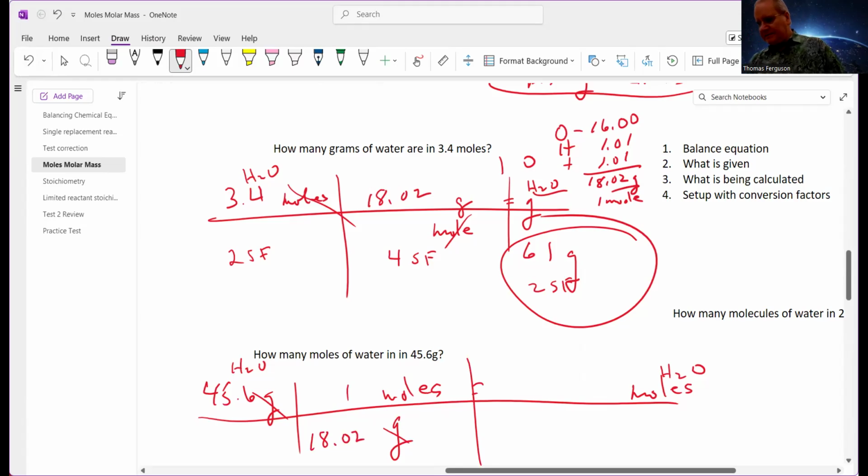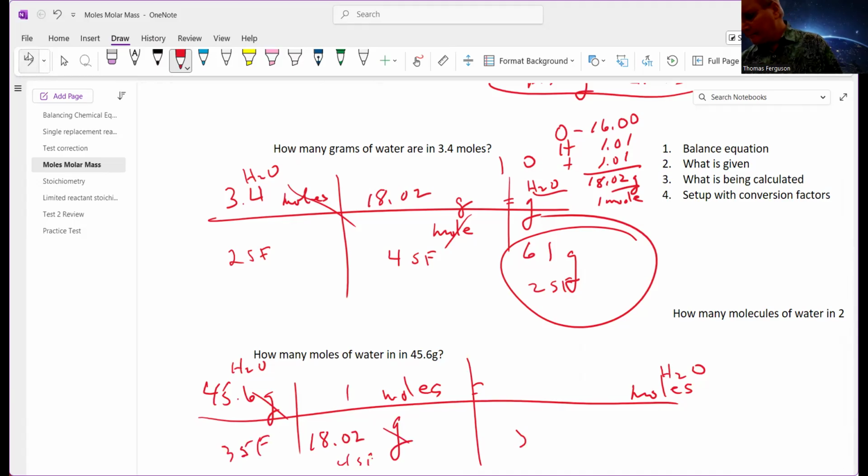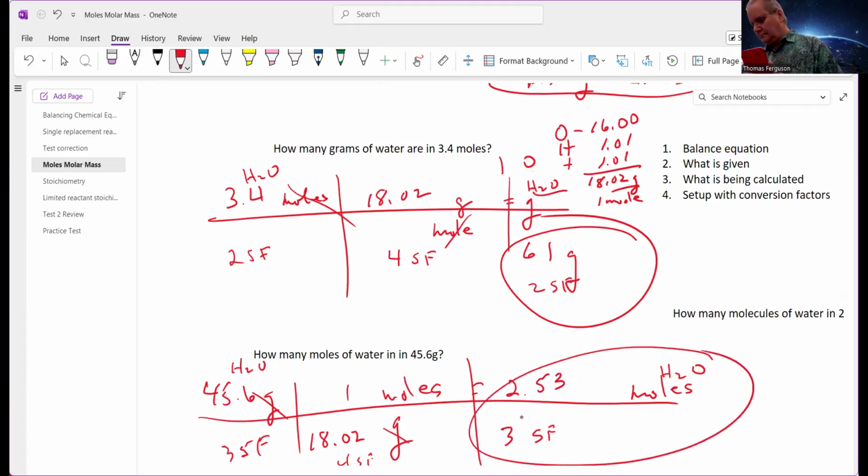I'm looking at 4 sig figs. Very straightforward 1-step conversions.